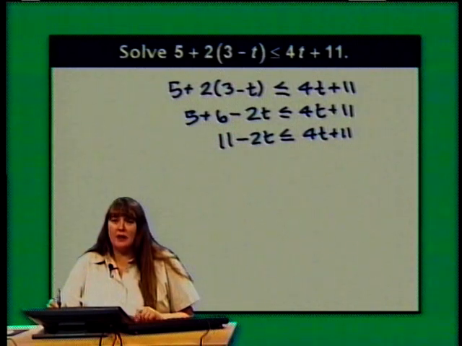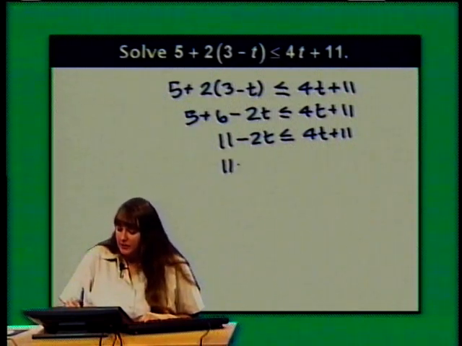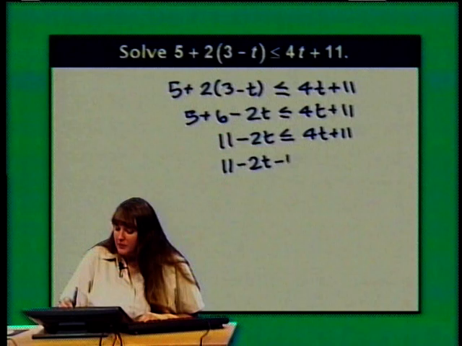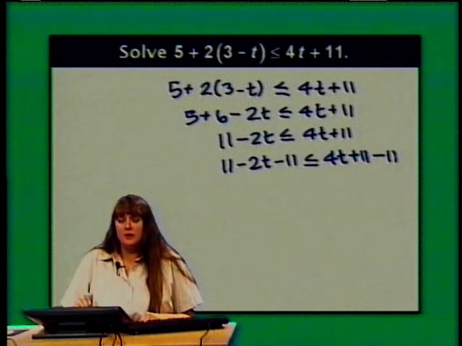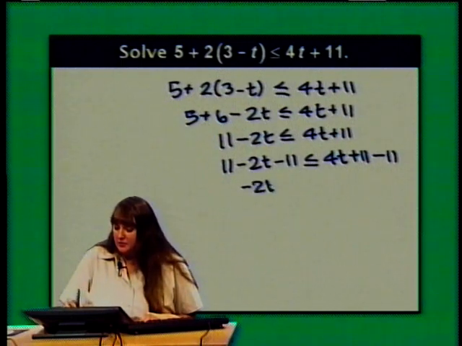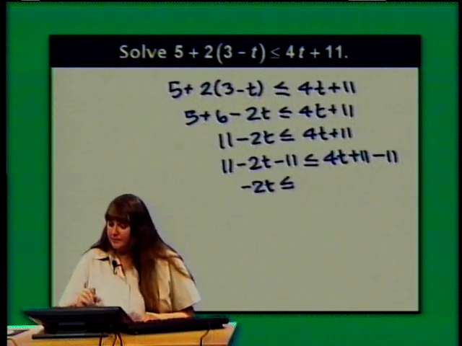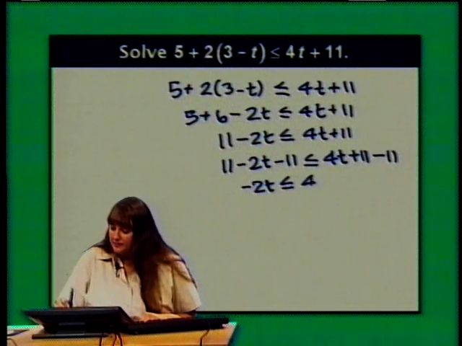So I think I'm going to isolate my variables on the left-hand side and my constants on the right-hand side. I'm going to start by subtracting 11 from both sides of this inequality. This simplifies to negative 2t is less than or equal to 4t.